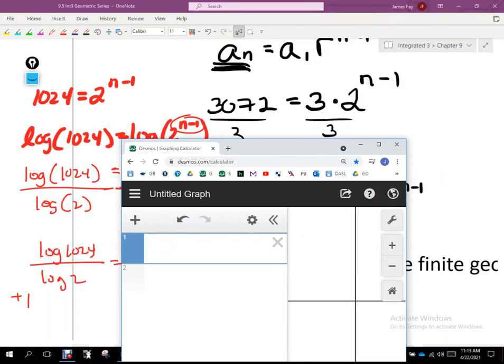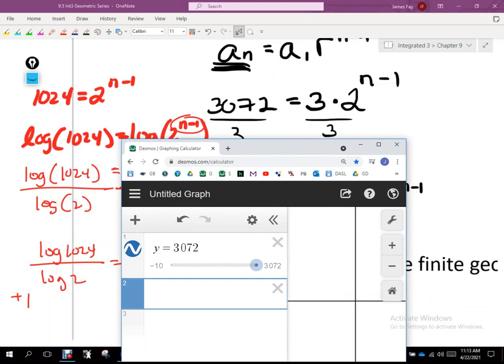once we write the equation of 3072, can I say y equals 3072, and then take the expression y equals 3 times 2 to the n minus 1, but because I want to graph it here, I'm going to use x instead of n. And in Desmos, to get all of my exponent, I got to have that set of parentheses around it.